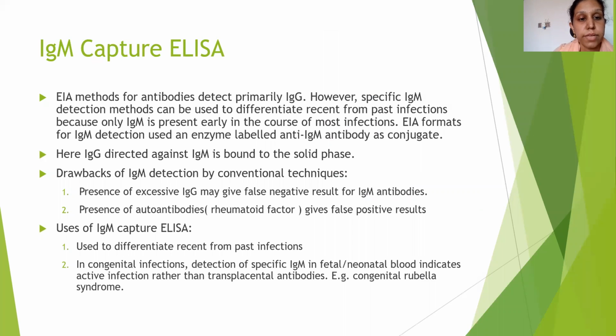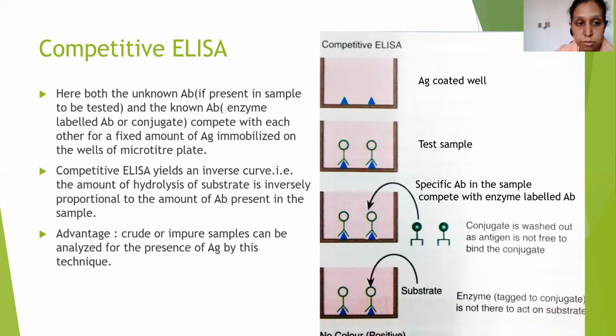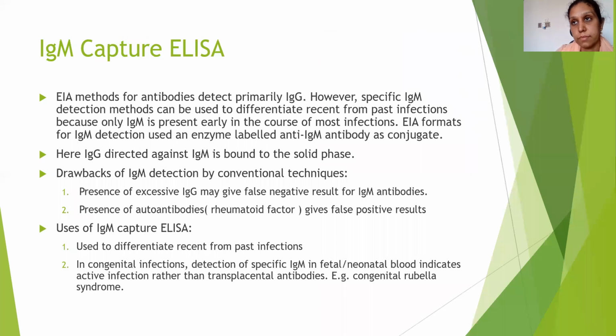Okay. So the next type is IgM capture ELISA. In that, the competition was going on between the unknown antibody and the known antibody. Unknown was in the test sample, and known was in the enzyme labeled antibody conjugate.